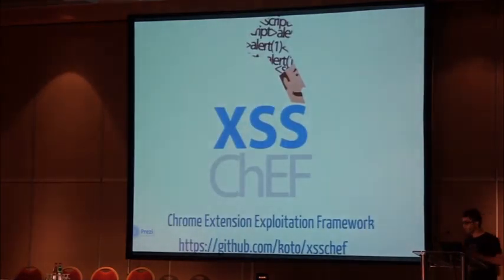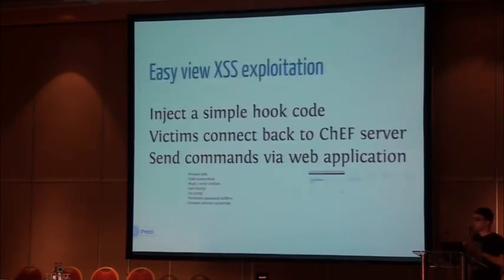I took a different approach. I developed a framework called XSS ChEF, made specifically for exploiting XSSs in Google Chrome extensions. It works similarly to BeEF. There's a really short payload that you need to inject and execute in a vulnerable extension.